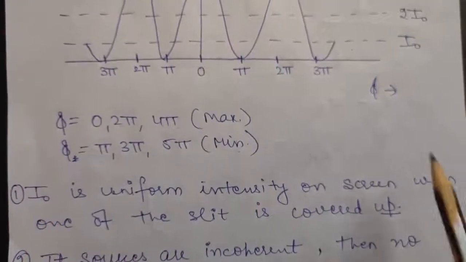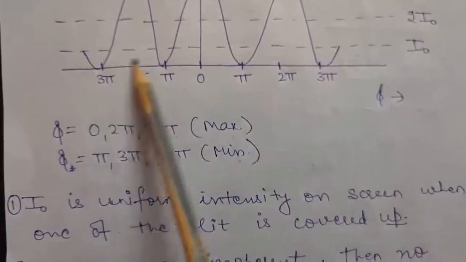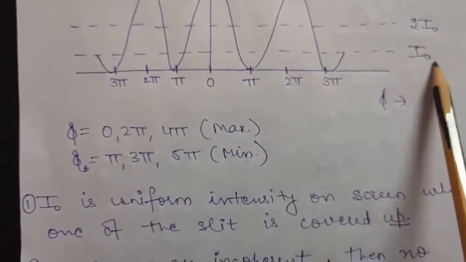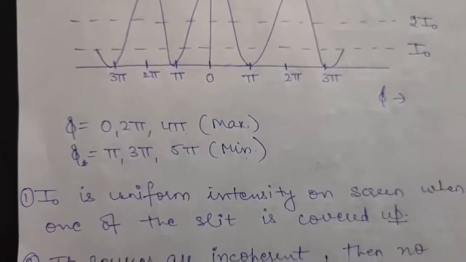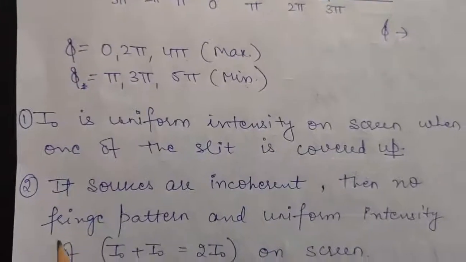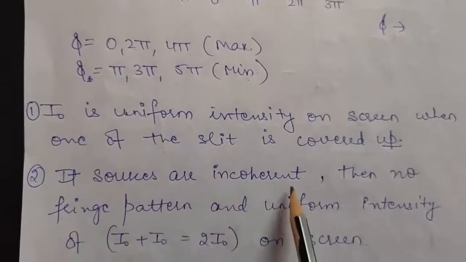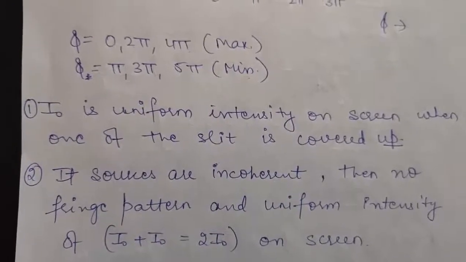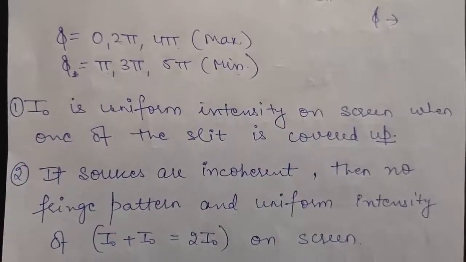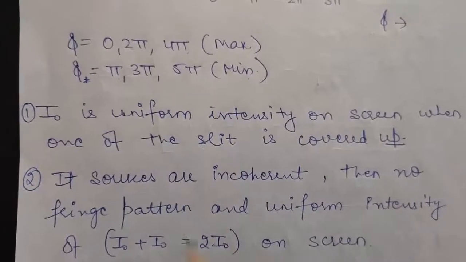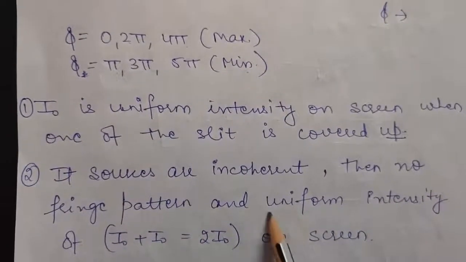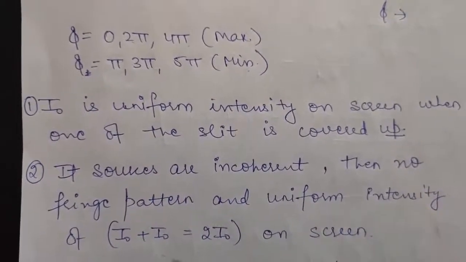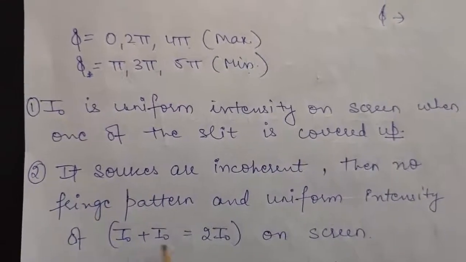Okay, so we are plotting that point here, that is, this is the uniform intensity when there is no interference pattern, that is I0. Now suppose the two sources are incoherent, that is, none of the slits is covered, but the sources are incoherent. Then there will obviously be no fringe pattern, and there will be a uniform intensity of I0 plus I0, because you have two slits.